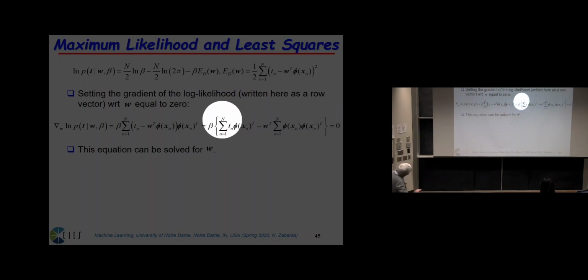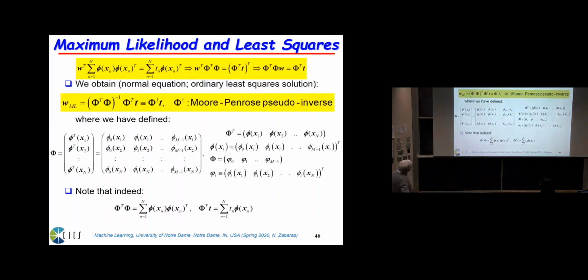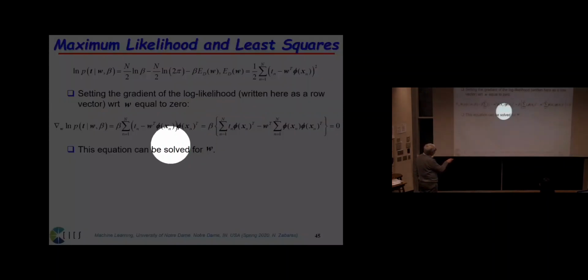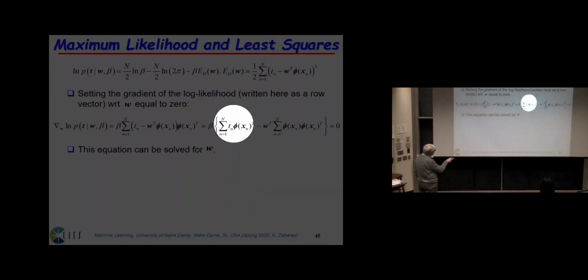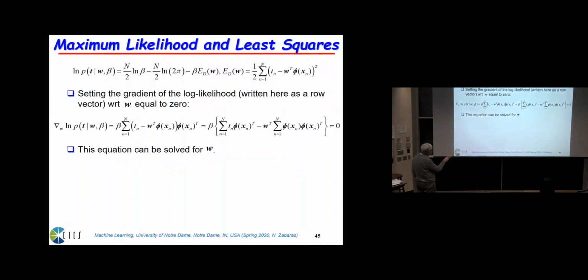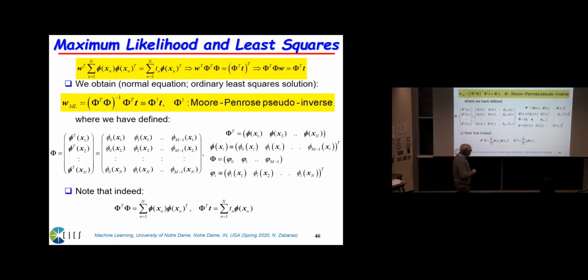Beta is not 0, so immediately you can see an equation from there for W. This is the result actually, all right? If you solve this equation for W, you're done, but I wanted to do it nicely, by defining first what is called the design matrix.